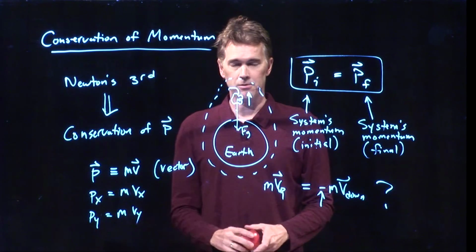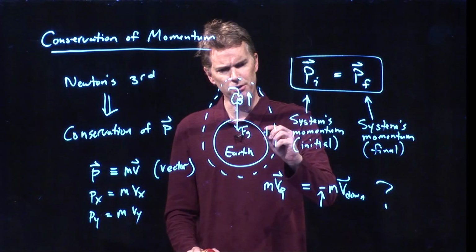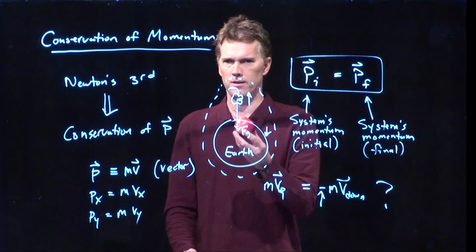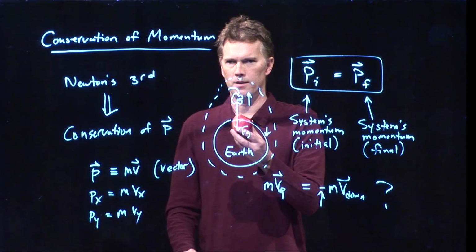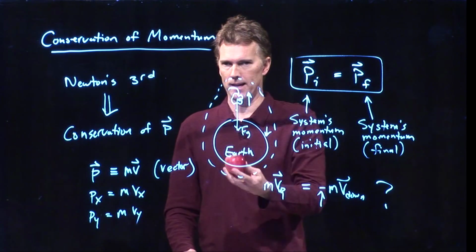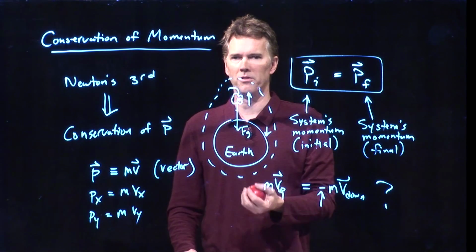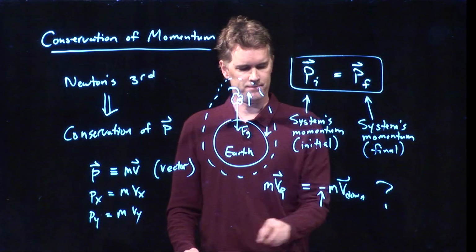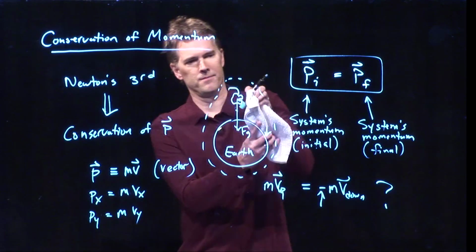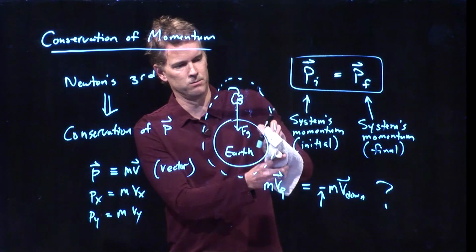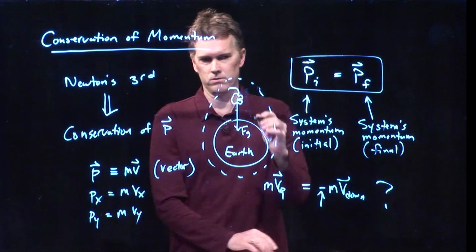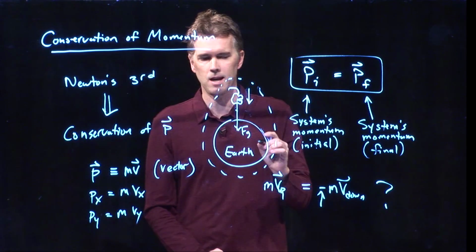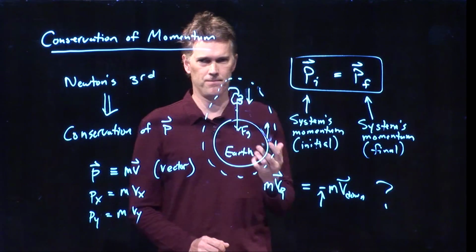Pulling it down? It has to be going down. The Earth itself is actually going down. And now when the apple is coming back down, what's the Earth doing, Emilio? Exerting a force on the apple, basically, pulling it. Okay. We just flip the directions of the arrows. If the apple's coming back down, the Earth is going back up.